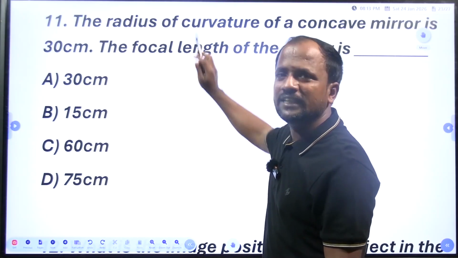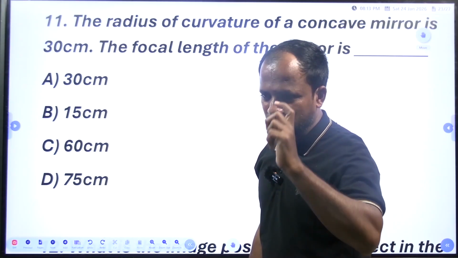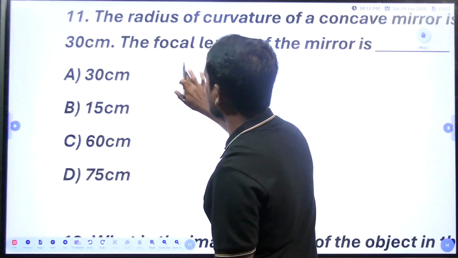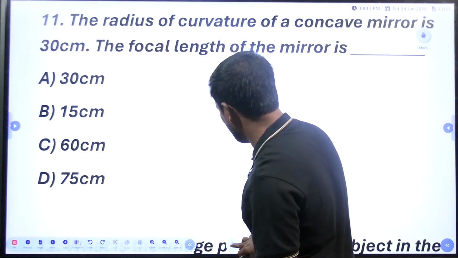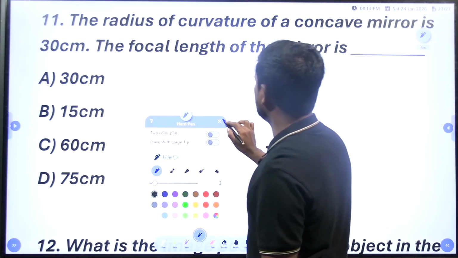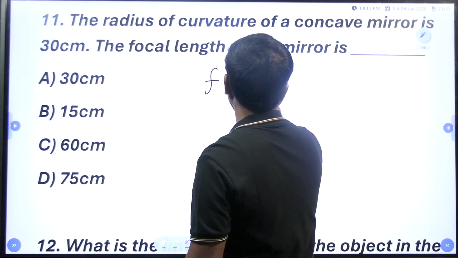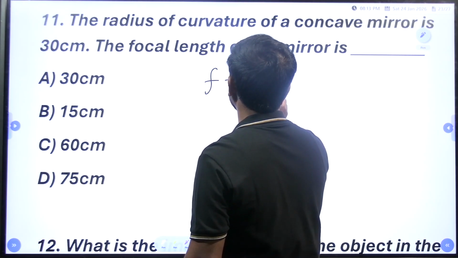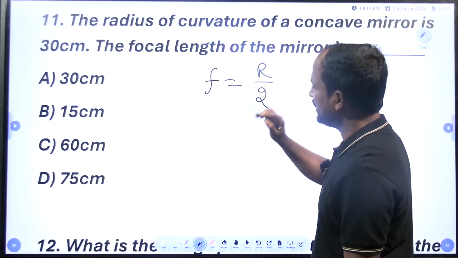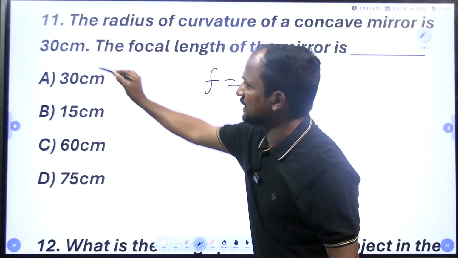When you are reading this question, you have to remember the formula to find the focal length of a lens or a mirror. What is the formula? F is equal to R by 2. Radius by 2. The radius of curvature of the concave mirror is 30 centimeters.